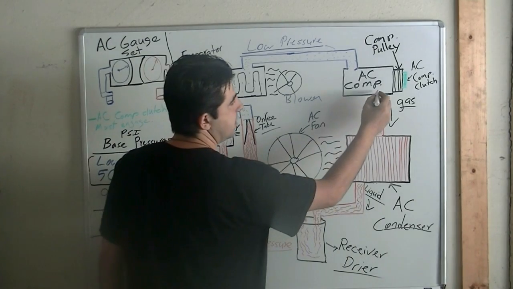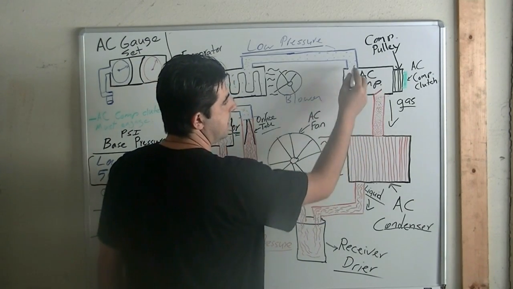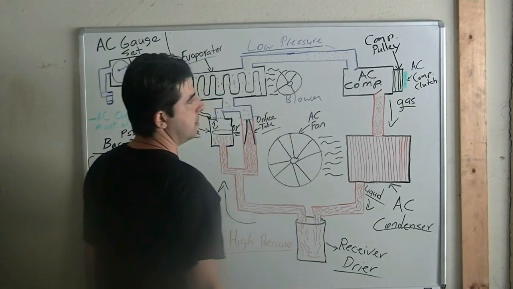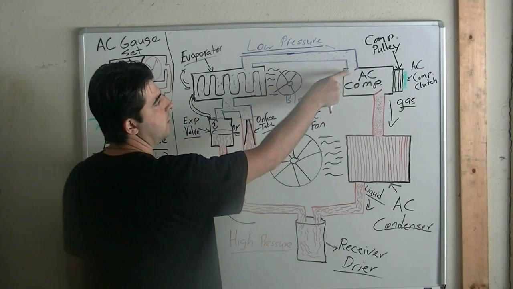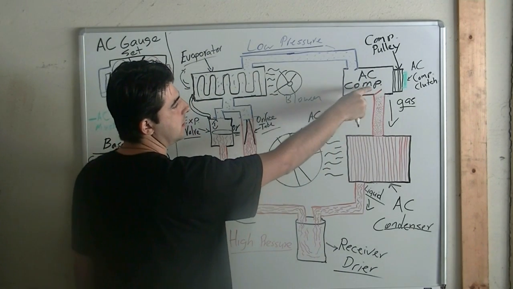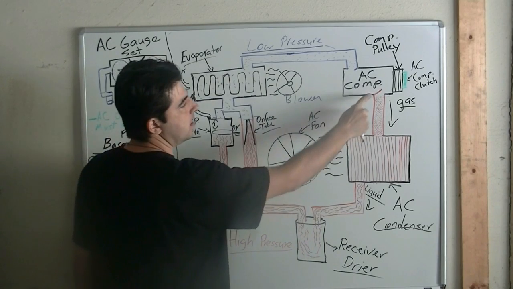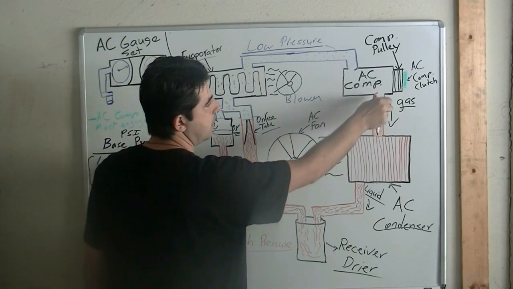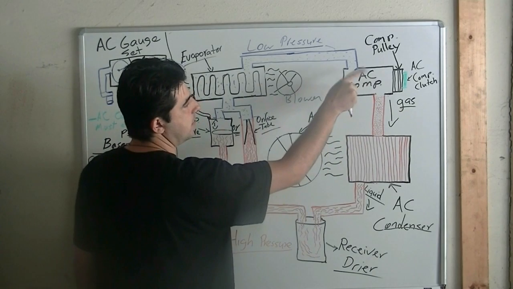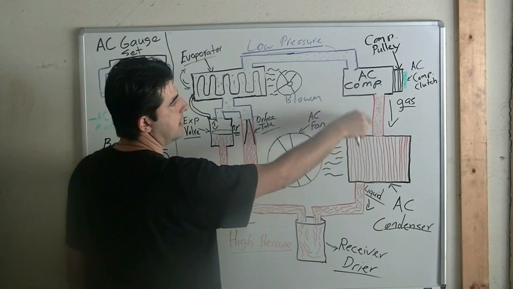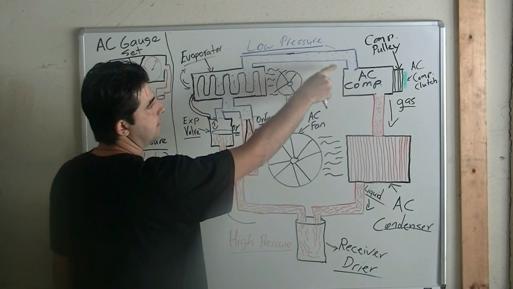You've got these check valves here, and you've got them on the low pressure side too. This side only lets air get in, and this side only lets compressed air get out. If these valves fail, your AC compressor might be spinning, but it can't build up pressure on this side.